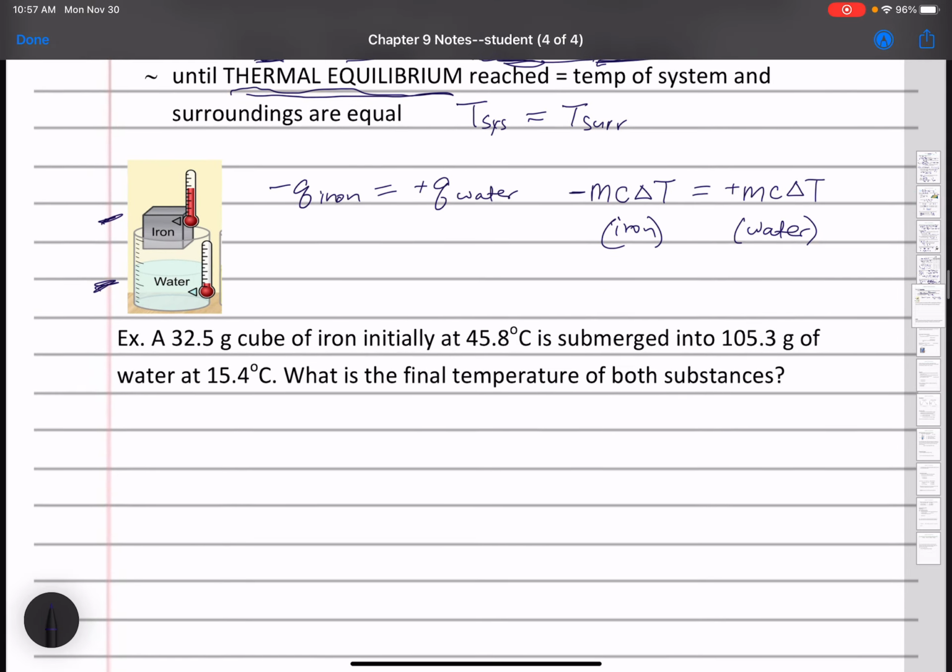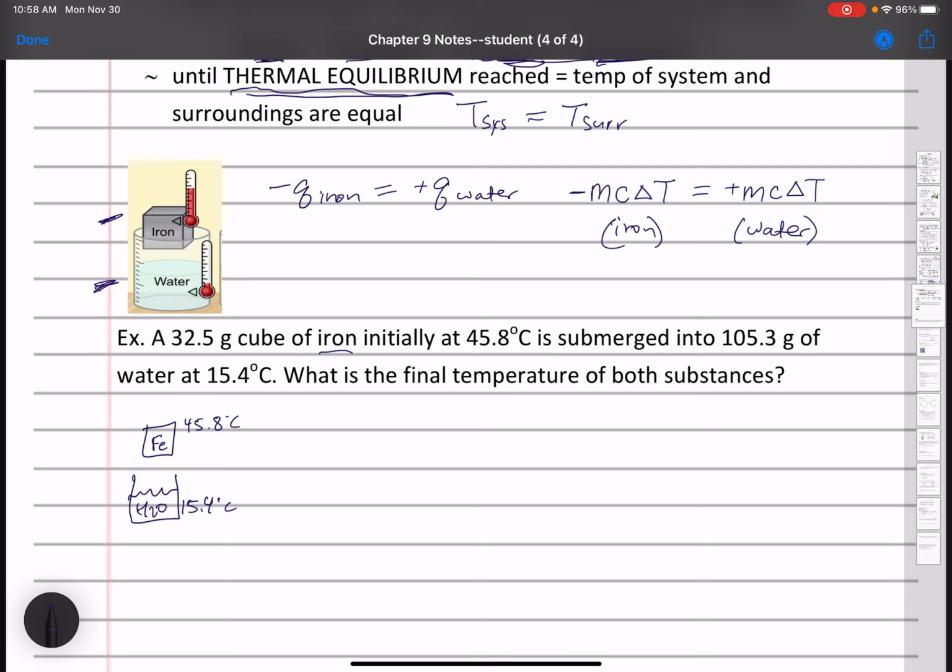So let's try a thermal equilibrium problem, a heat transfer problem. We have a 32.5 gram cube of iron that is initially at 45.8 degrees Celsius. So our block of iron, Fe, is initially at 45.8 degrees Celsius, and we put it in some water that is 15.4 degrees Celsius.